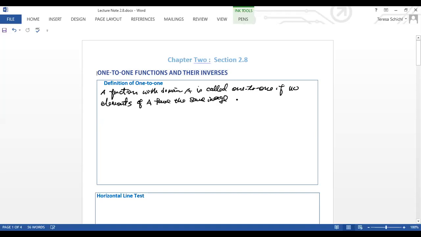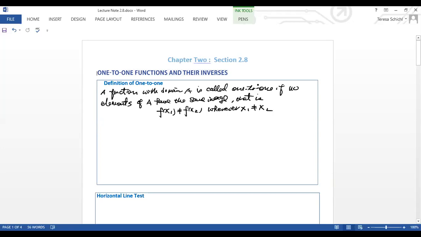That means if f of x1 is not equal to f of x2, whenever x1 is not equal to x2.